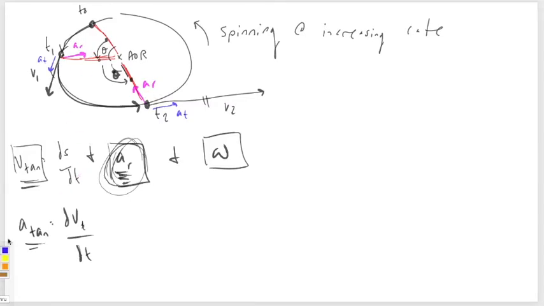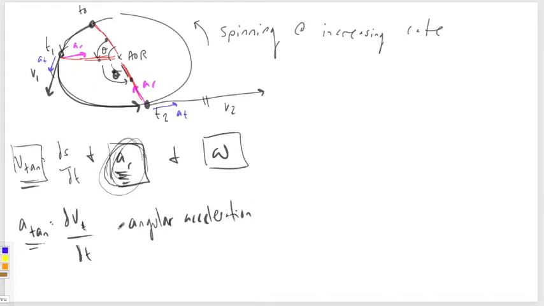All right. So not only do we have a time derivative of tangential velocity, but we're also going to have an angular acceleration. Now listen, radial acceleration and angular acceleration are different. They sound kind of similar. You may get them confused.